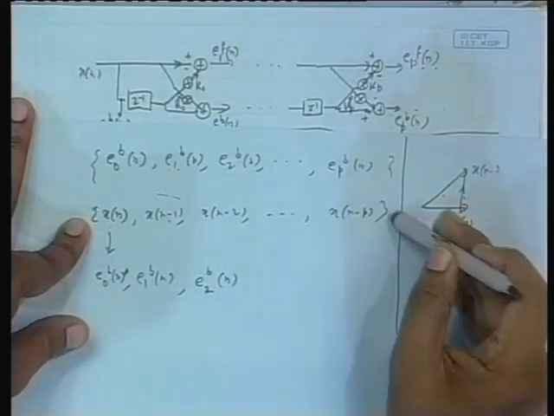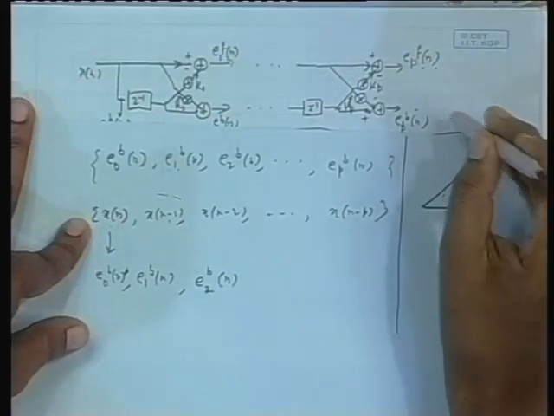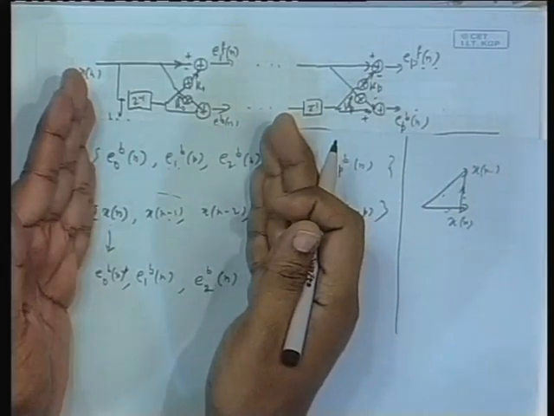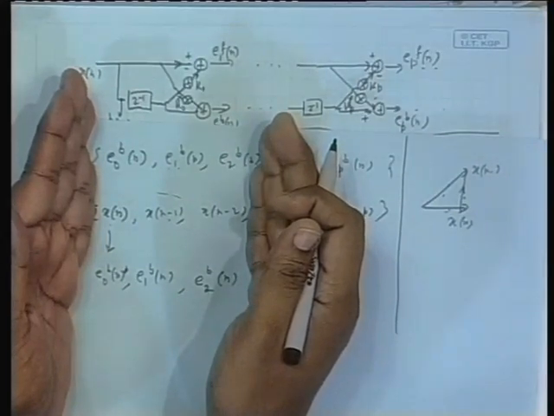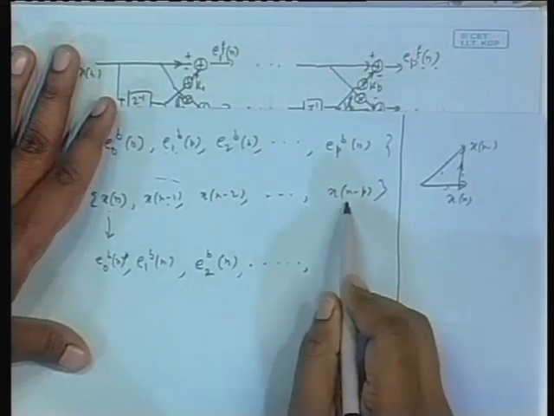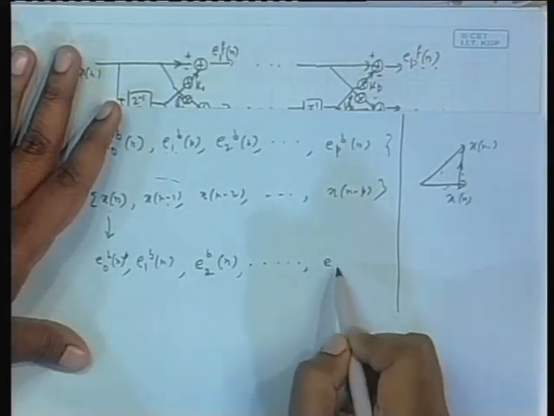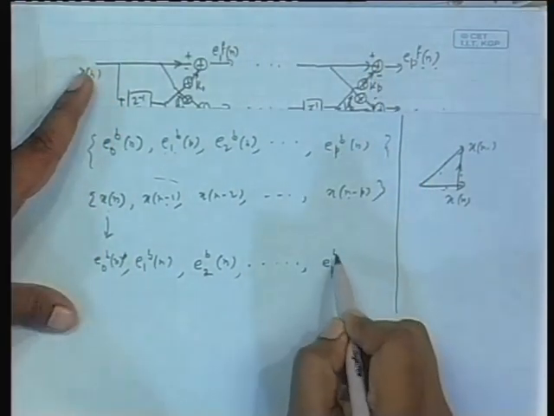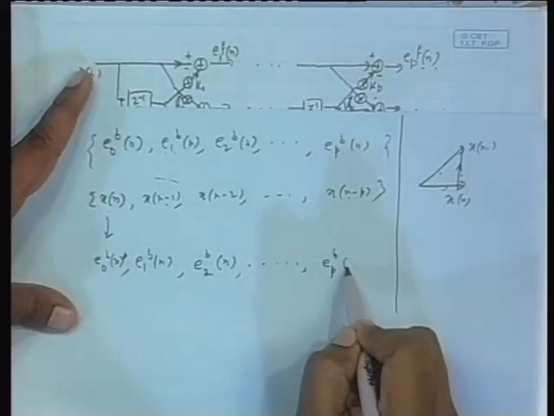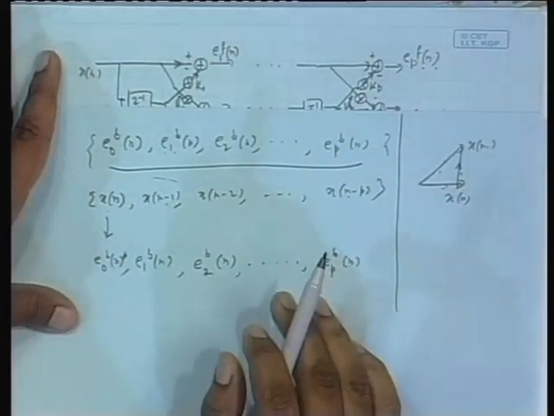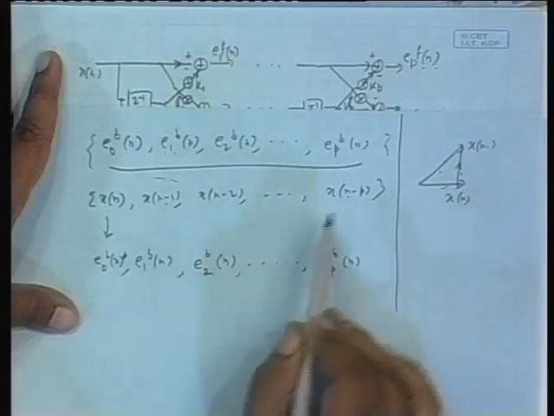So, this and this, they become an orthogonal basis of the space spanned by these three. Dot dot dot, and the last one, you project on the space spanned by these fellows, that will give you this. So, this set is an orthogonal basis of the same space which is spanned by these fellows.